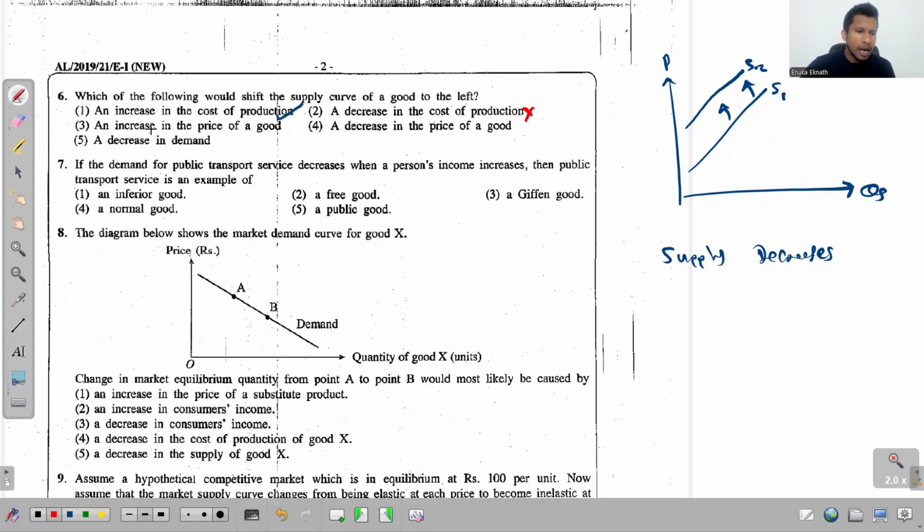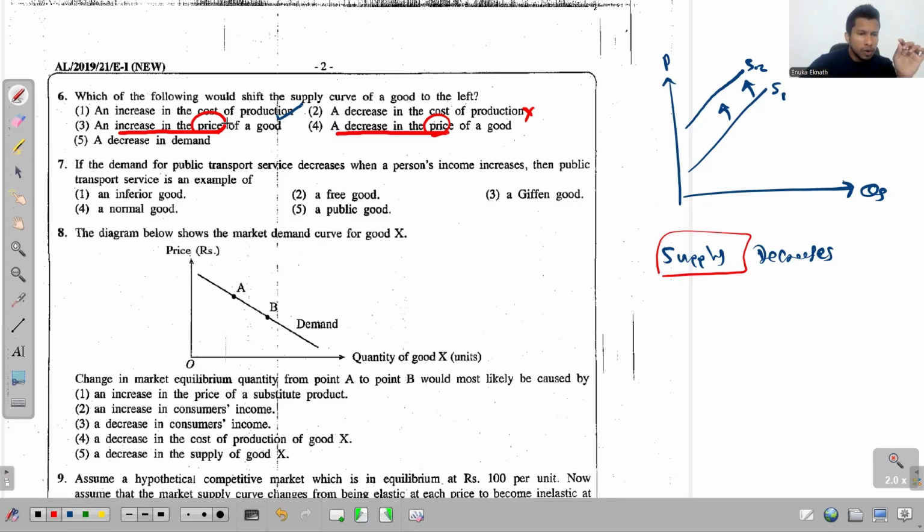The third one, an increase in the price of a good. The fourth one, a decrease in the price of a good. When the price of the good increases or decreases, remember it influences the quantity supplied, not the supply itself.